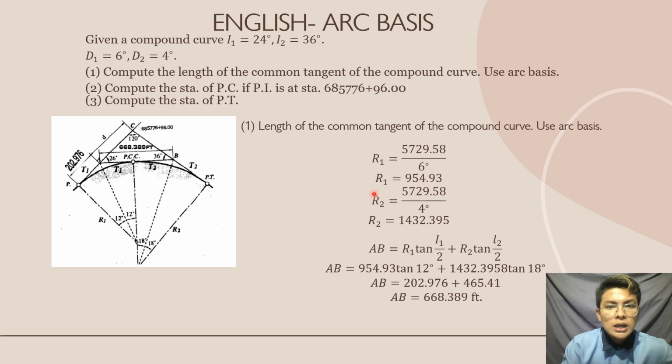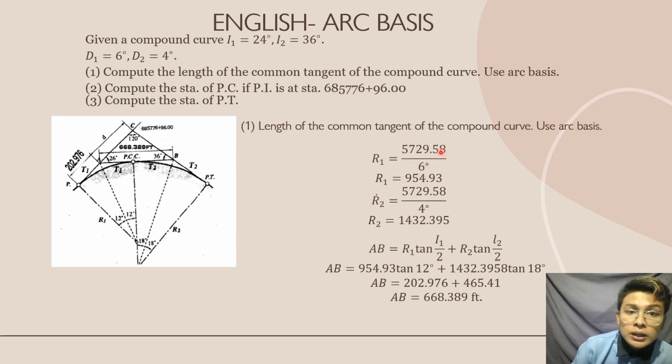Next is using English arc basis. Same given as earlier in these compound curves, but the point of intersection is 685776 plus 96. At first, we should get the length of the common tangent of the compound curve. Using the formula in the arc basis English unit, 5729.58 divided by 6 degrees, our first degree of the curve, is equal to 954.93.